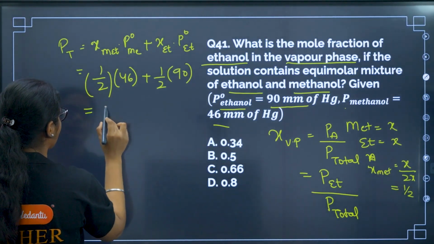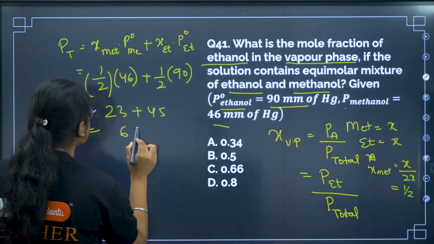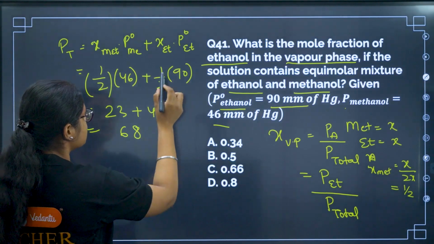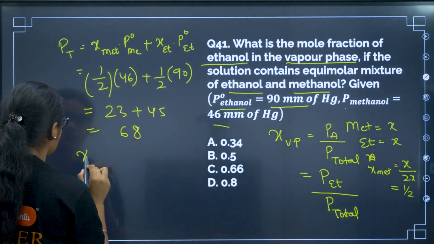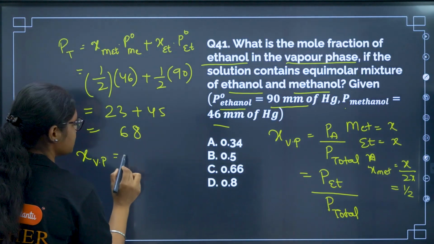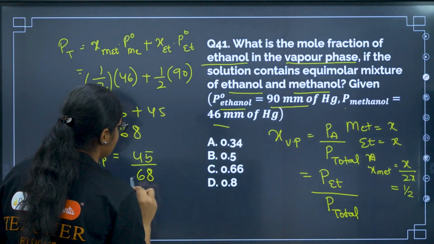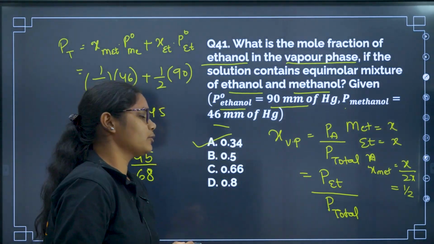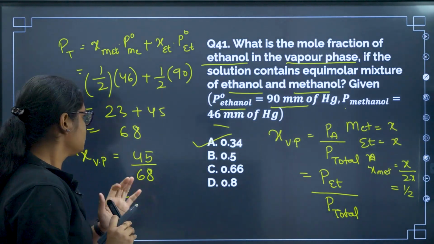So I'll get 23 plus 45, that will be 68. So total pressure is 68, and what is the pressure of ethanol? 45, right? So we can substitute here. Mole fraction in the vapor phase will be 45 by 68. So you can solve this. The value you will get will be around 0.34. So the correct answer for this question is option A.